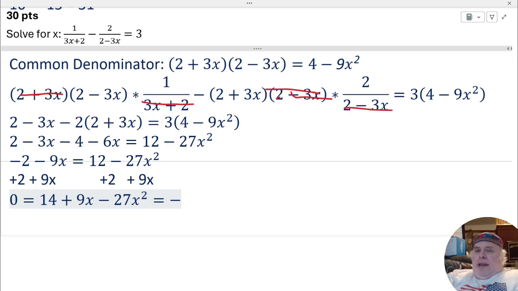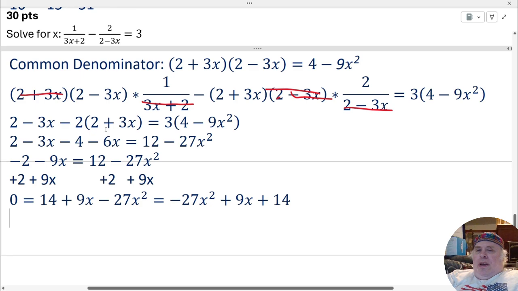And we'll turn that into the normal form, so we'll put the x squared in the front, and then the 9x, and then the 14. And now we have a roots problem. What is the roots of this quadratic? And I will go over that in part 2.